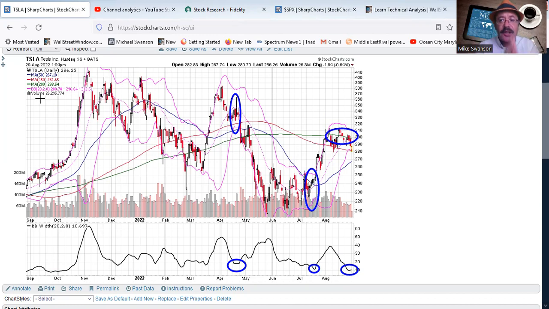After expansion, there's a contraction, followed by another expansion in the bands. So that's what happened. When Tesla rallied in March up to 380, the stock went sideways. And that's what happens when the volatility shrinks. The bands contracted, then the next move began, and it was sharply down. Tesla fell below 210, in fact.